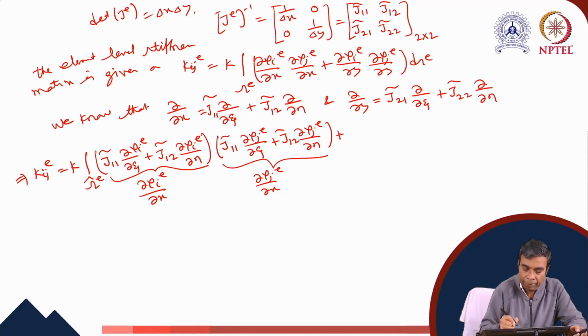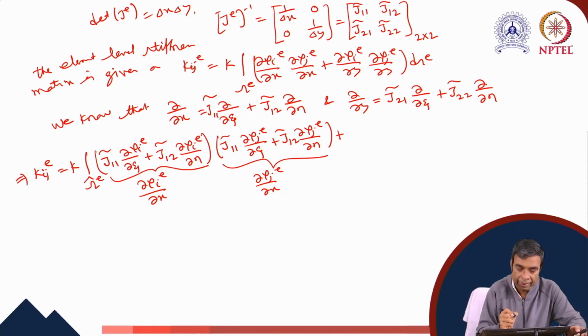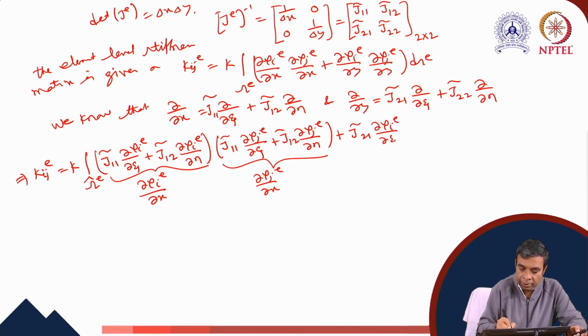Now we have the y derivatives. Del psi I del y is j21 tilde del psi I del xi plus j22 tilde del psi I del eta.